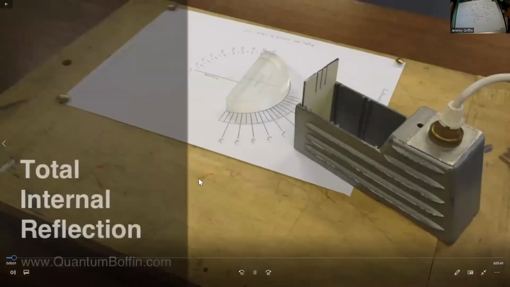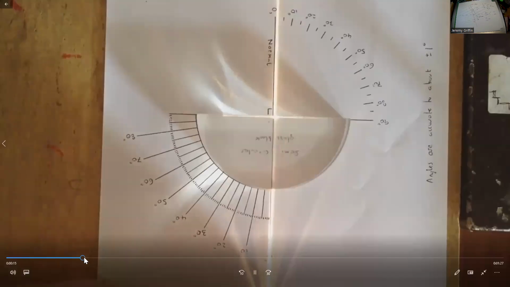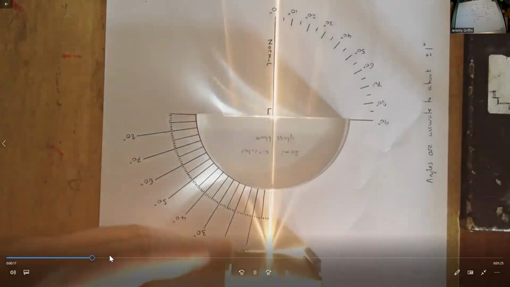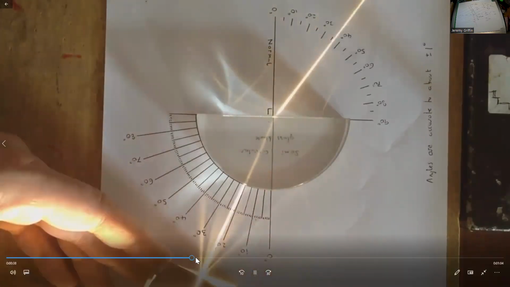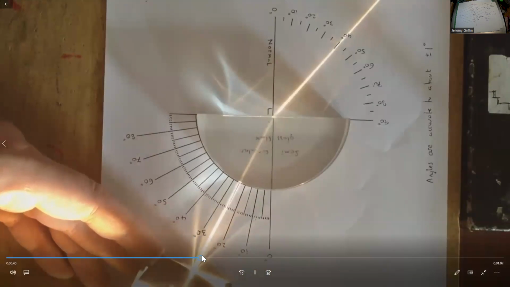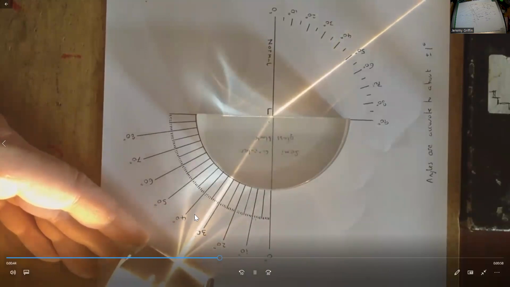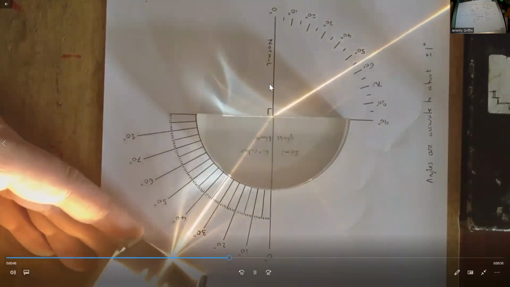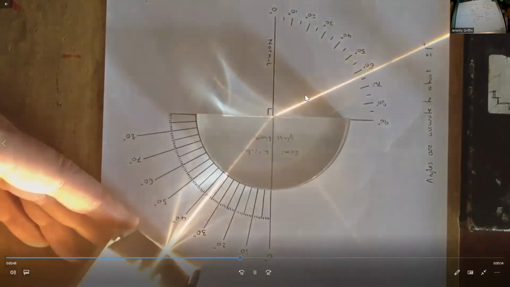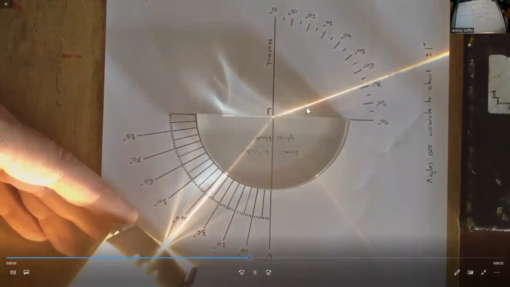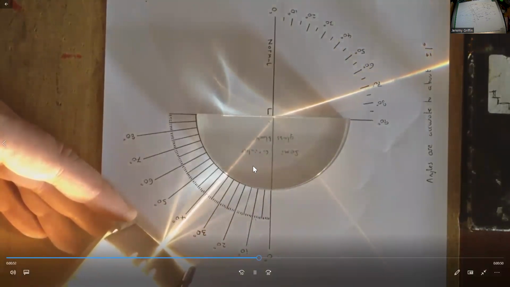The other one I want to play for you guys is, let's turn this whole thing around and do the same thing from the opposite side, because this is a faster way to find the critical angle. You guys saw it was about 42 degrees. It's just the same thing upside down, right? But now I bet you can't go beyond about 42 degrees, because now the refracted angle going into the air is growing faster than the incident angle in the glass.